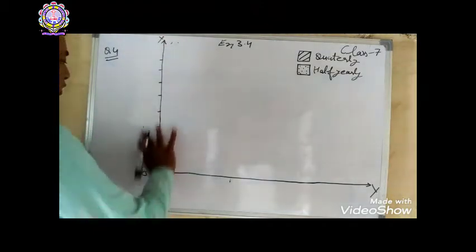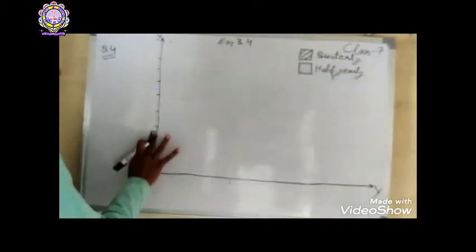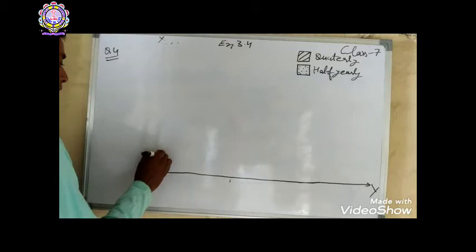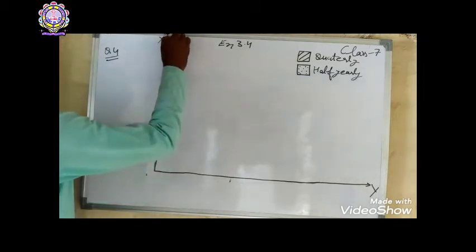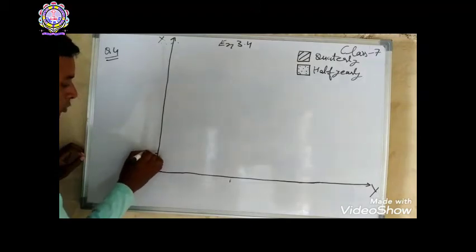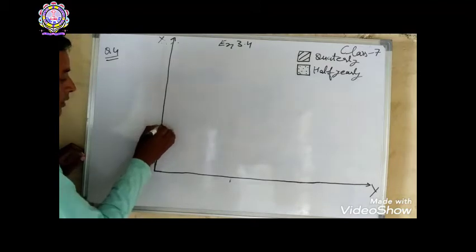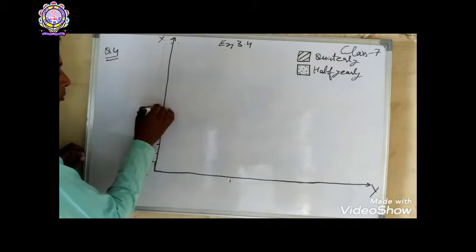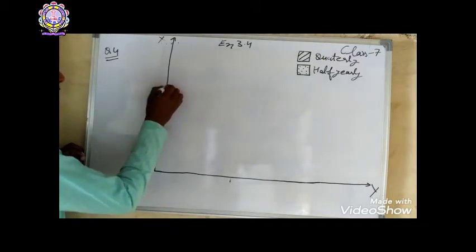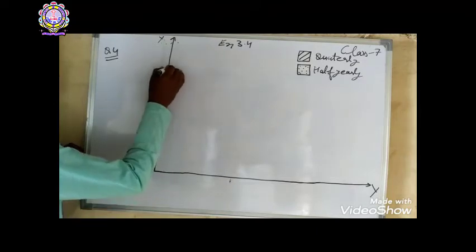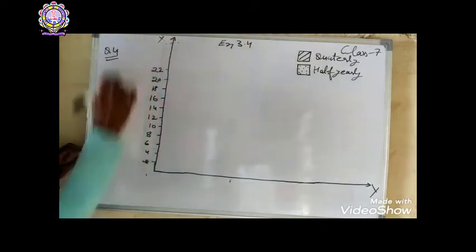Okay, that is no space above, so you mark again here. Do less marking. That is 2, 4, 6, 8, 10, 12, 14, 16, 18, 20, 22, and so on.